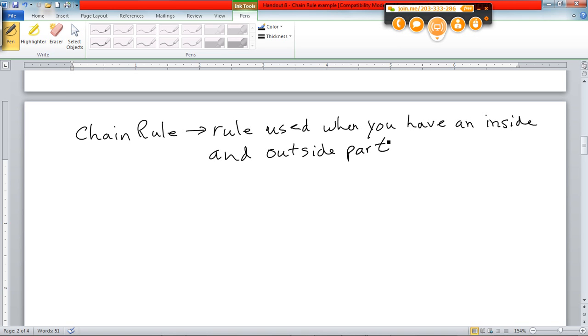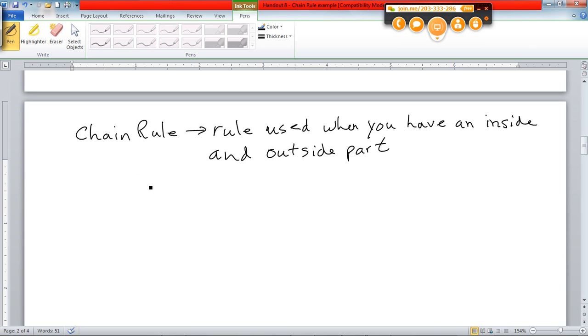The deal is on the ones that we've been doing, we've had an inside part, it's just that the inside part was x. Now the inside part is going to be more than just x. It may not be a whole lot more, maybe 2x or something as simple as that, but if the inside part is more than just an x or whatever variable.